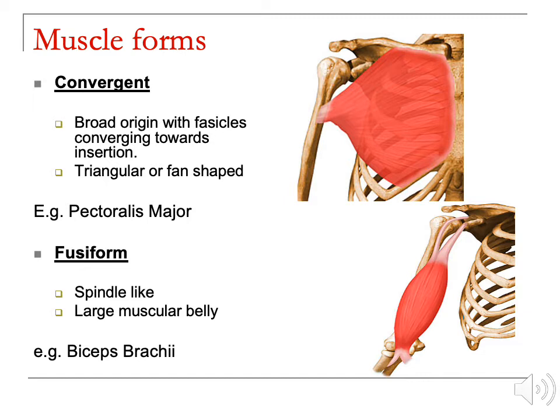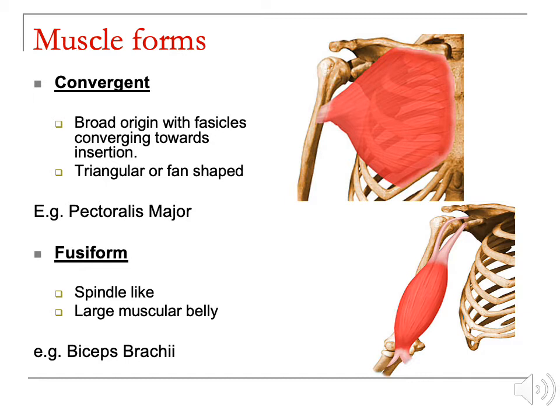So if we look at the origin, we have that coming all the way up the sternum and also along a good portion of the clavicle or collarbone. The fibers then all converge together into a much smaller single insertion point on the humerus. So this results in a very large number of muscle fibers pulling together.